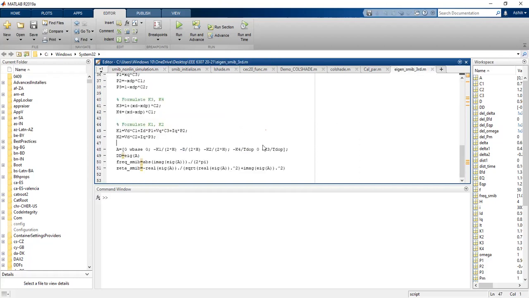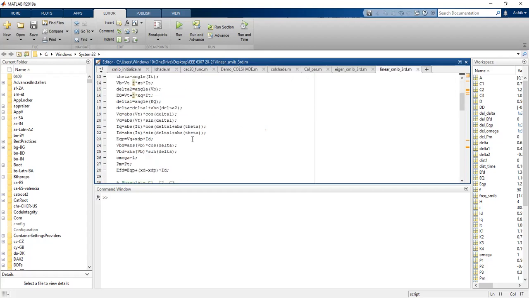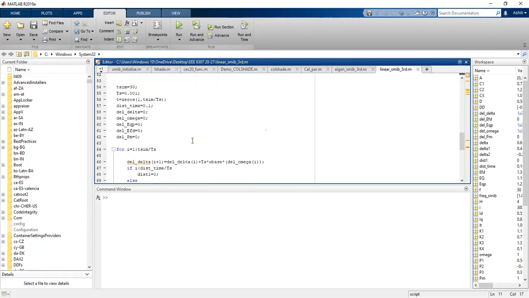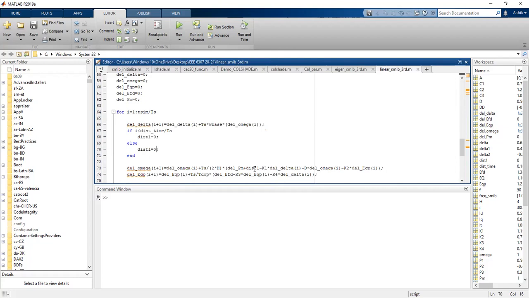So let's see. What we have to do, there are many files. So we have to go to the linear SMIB third, this file. And now we have to apply the same disturbance, 0.2, because we want to compare the responses, and let's start the simulation. Okay, we have got the response.